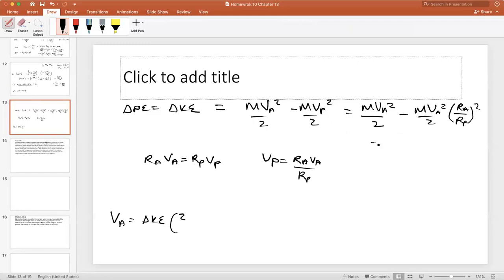So let me write this right here. This is M over 2 times VA times 1 minus RA over RP squared, and this is the change in kinetic energy.